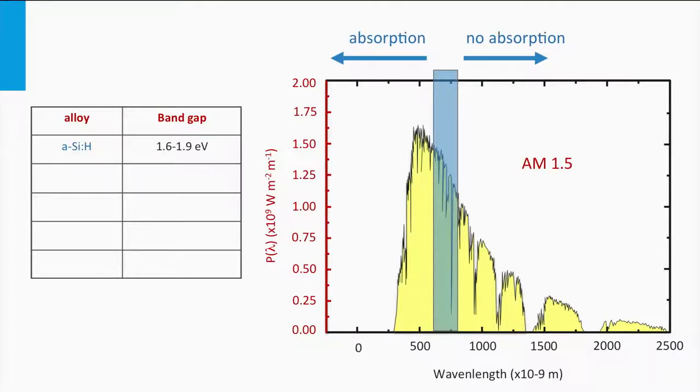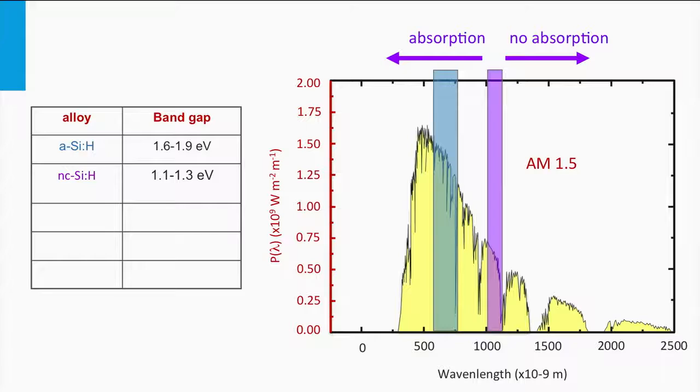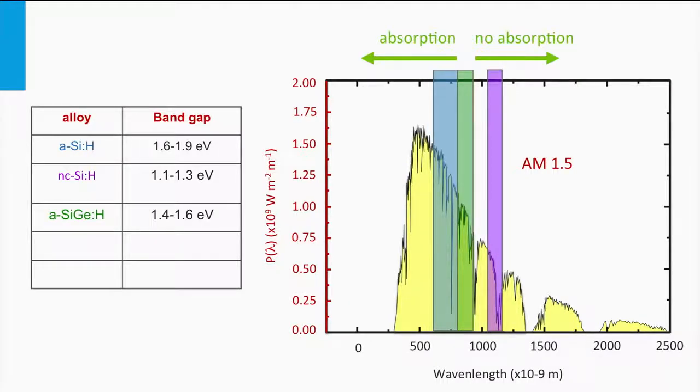Hydrogenated amorphous silicon has a band gap in the order of 1.6 up to 1.9 electron volts, which can be tuned by the amount of hydrogen incorporated into the silicon network. Nanocrystalline silicon has a band gap in the range of 1.1 up to 1.3 electron volts. The band gap of the silicon alloy can be tuned by inclusion of other elements as well.